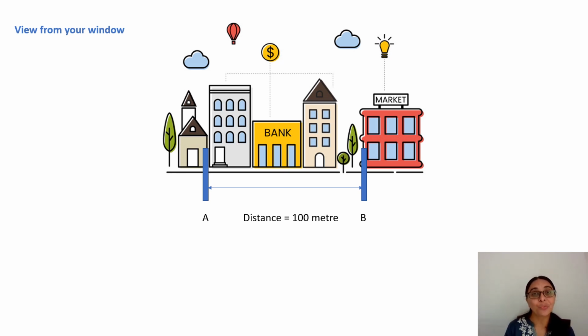Okay, so what the child will do is, the child will take out the timer in the mobile, and whenever any vehicle is passing, the child will start the timer at point A, and then stop the timer at point B.